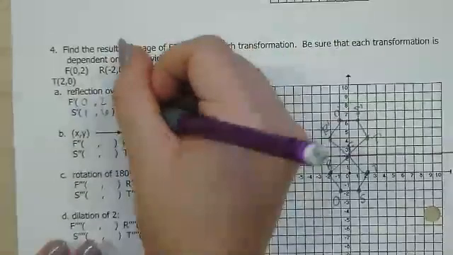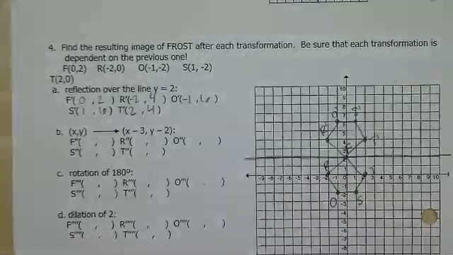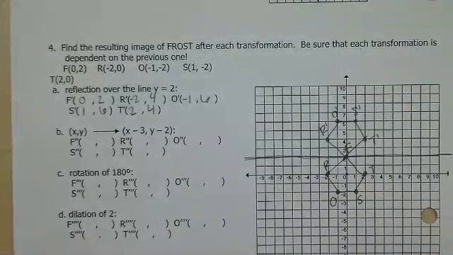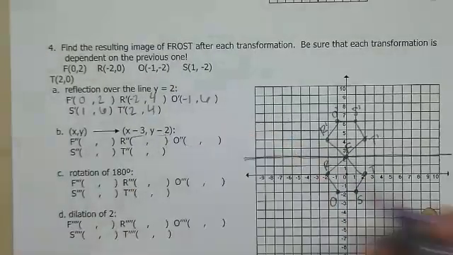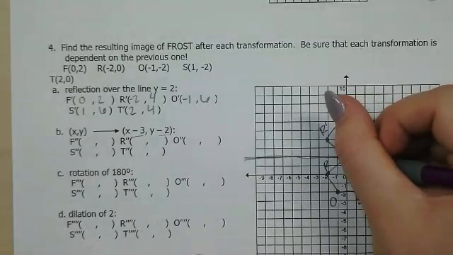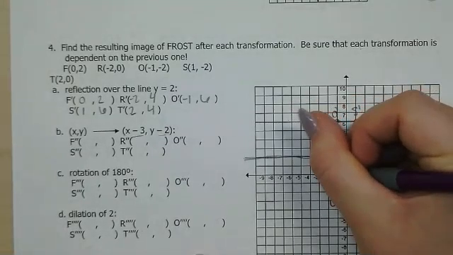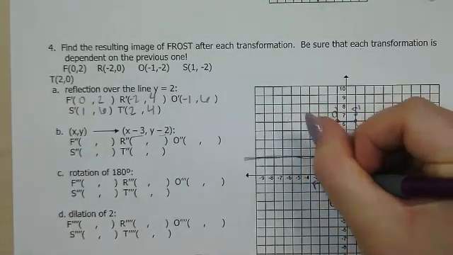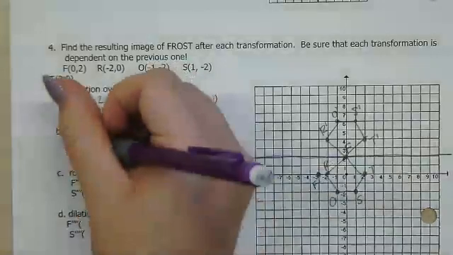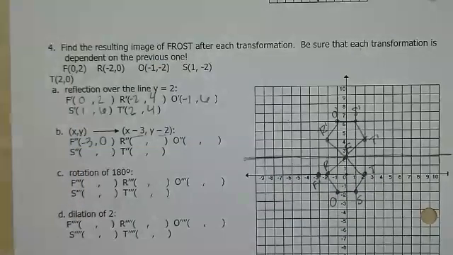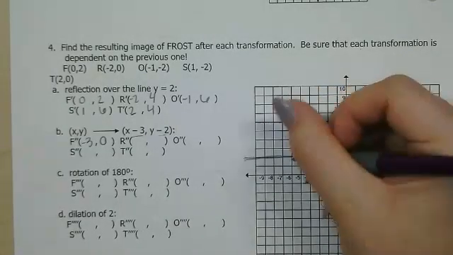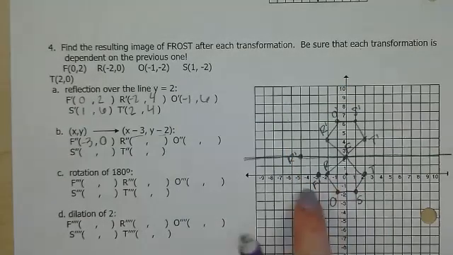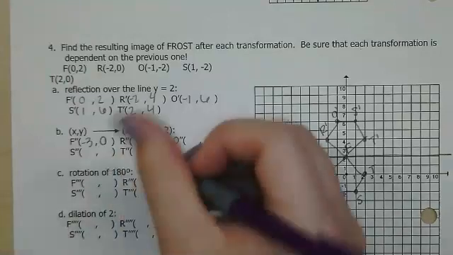All right. Okay, then for B says we're going to make a translation. Each one of those points that we just plotted, we are now moving -3 or left 3 and down 2. So let's start with F. 1 2 3 1 2. So there's my F double prime, and it is at -3 0. My R, 1 2 3 1 2. My R double prime is now at -5 +2.